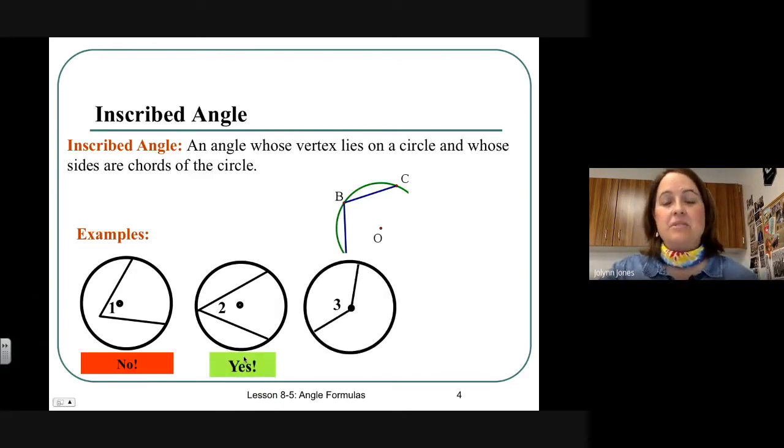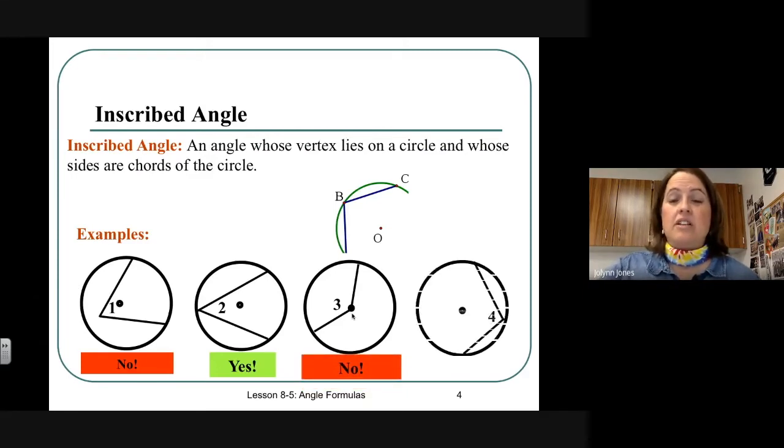And then on this one, the vertex of the angle is at the center. So this isn't going to be an inscribed angle. This is a central angle. And then we have one over here, angle 4. Notice that the vertex is on the circle. So yes, this is an inscribed angle.